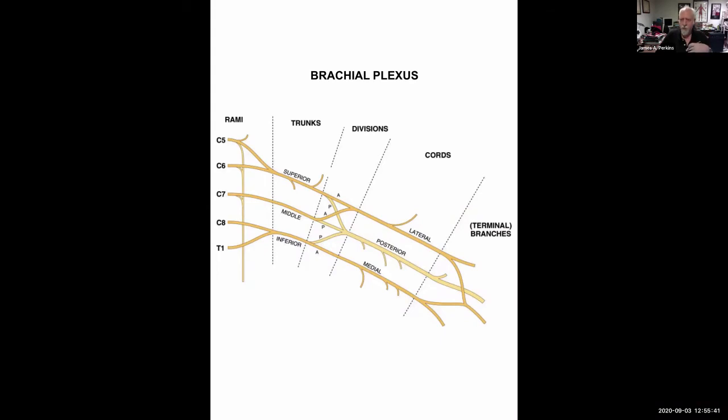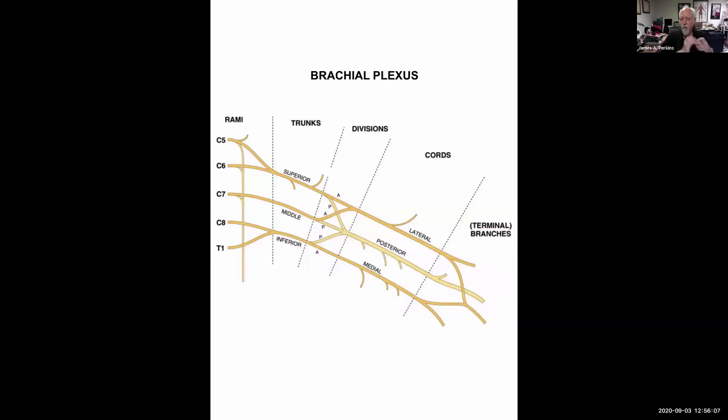Remember in Tuesday's lecture, we talked about the spinal nerves, how these are nerves that exit the intervertebral foramina at every vertebral level of the vertebral column. They're branches directly off of the spinal cord. And after the spinal nerve exits the intervertebral foramen, it immediately splits into a dorsal ramus and a ventral ramus.